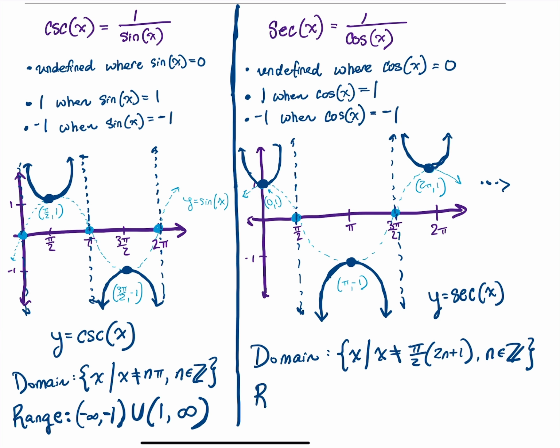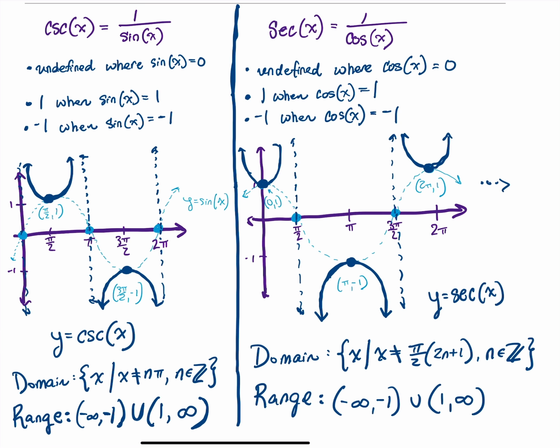And then the range, it'll be the same as the cosecant. So from negative infinity to negative 1, we can join that with the interval from positive 1 to positive infinity.